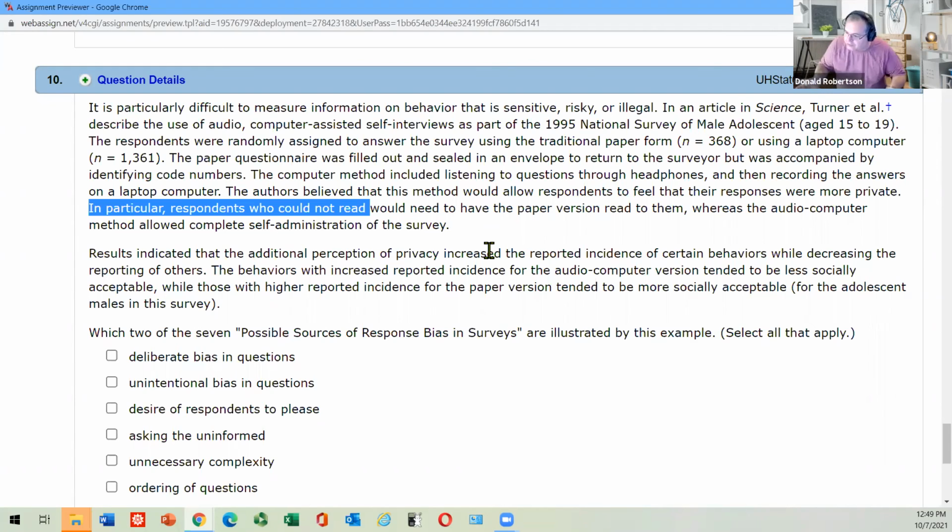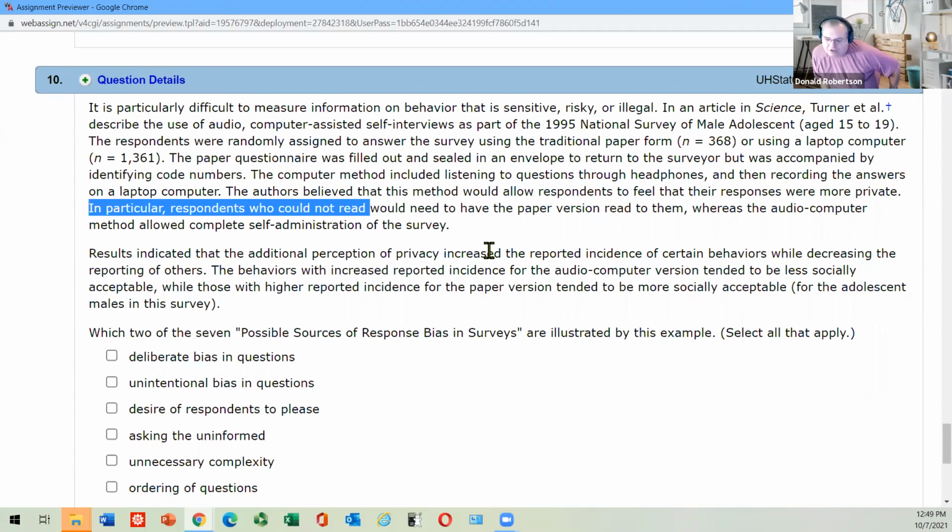It's controlled, it just talks it to you, and you hit 1 for yes and 2 for no, and you're finished. Can you see that that helps a lot with the anonymity of it and makes it easier all round? So based on what I've read in that story, although there's a lot more that I haven't read, would you agree that it's probably going to be more successful with the computer responses than with the written responses, where some people have to have them read to them?